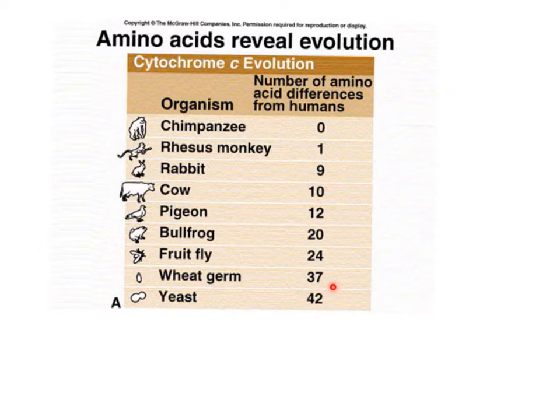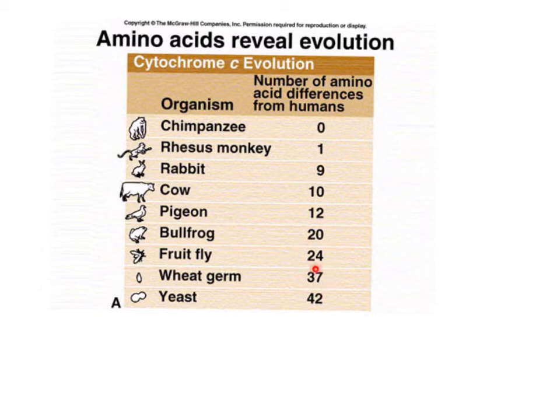All the way down to yeast, primitive yeast, which are a completely different kingdom of organism to ourselves, have 42 different amino acids in their amino acid sequence in their cytochrome oxidase compared to humans. Okay, wheat germ plants, 37 different.